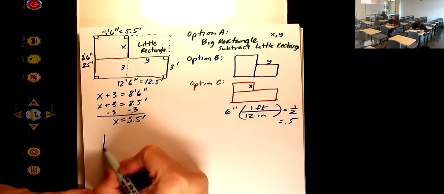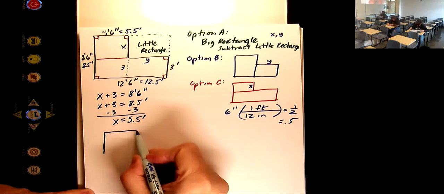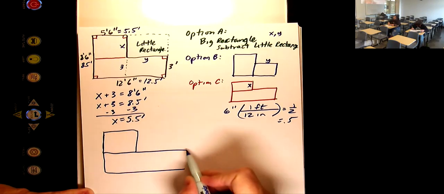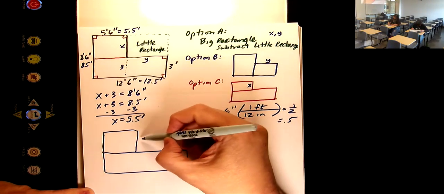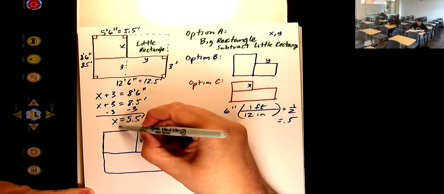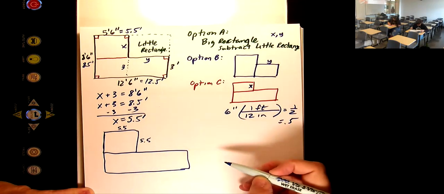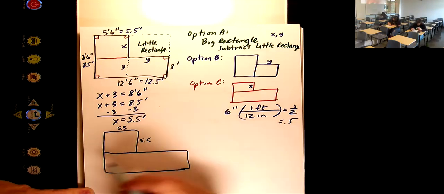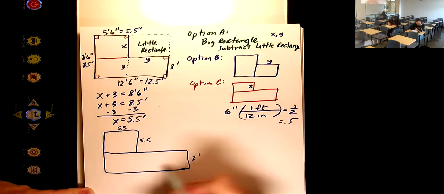So now I have a box on the top and a box on the bottom. And this is 5.5 times 5.5. And this is 3 feet by 12.5.